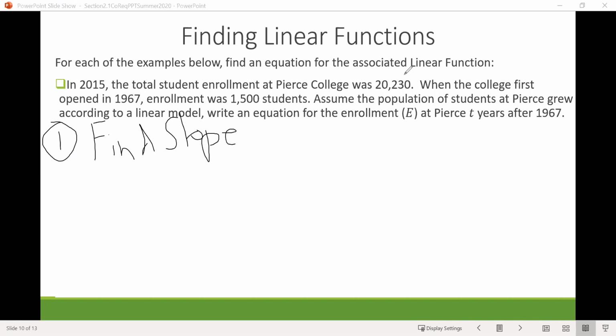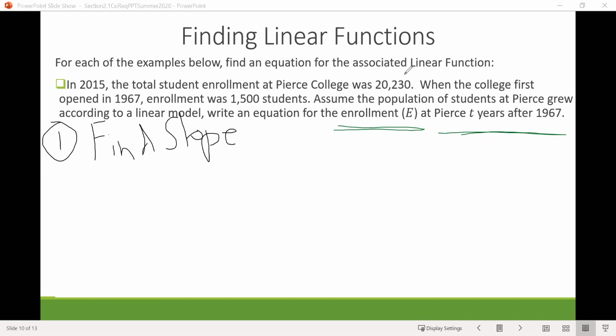We also decide what our inputs and outputs are. Notice they want us to write an equation for enrollment after T years, so our ordered pairs should have the enrollments and the years. But we have to think about which one goes first, which will be the input and which the output. So what will make the most sense?